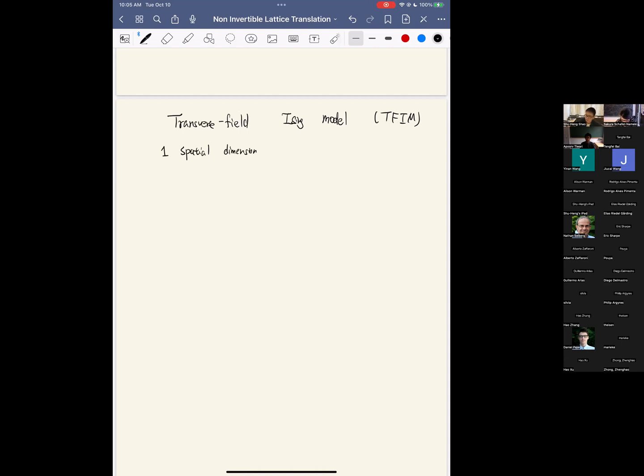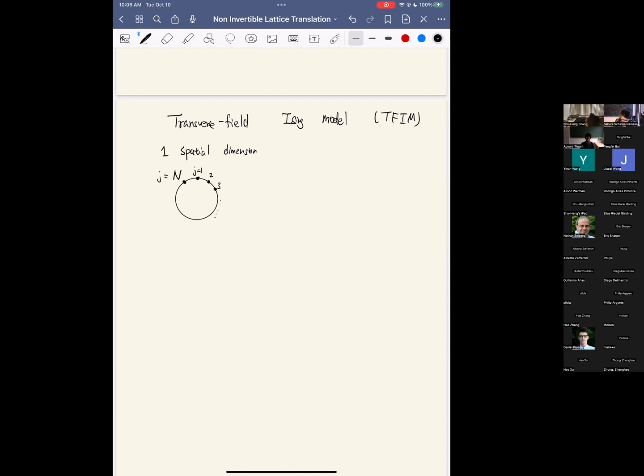At least that's what we usually do in the continuum conformal field theory. So I'm going to draw a circle here, which will be my space. There will be a time direction soon. So this is my one-dimensional space, which is a periodic circle, and it has n sites. I'm going to index the sites by j. So j equals 1, 2, 3, all the way to n.